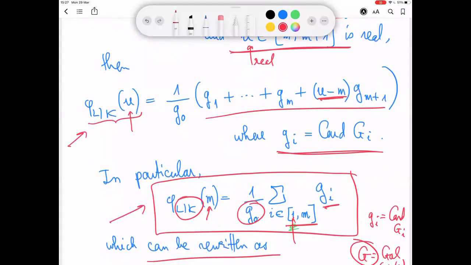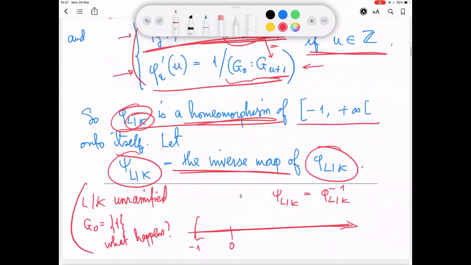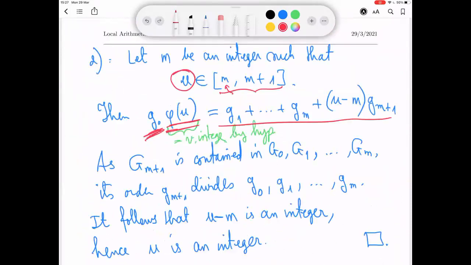This one is the one which is relevant. Phi of u is this thing here. So that's what I've rewritten. G naught times phi of u is g1 plus all the way up to gm, and then u minus m times gm plus 1. Okay?